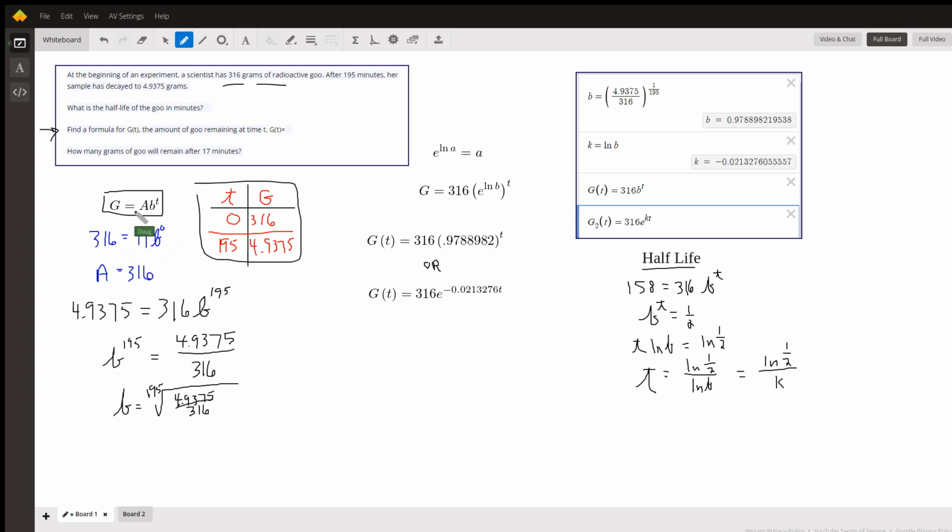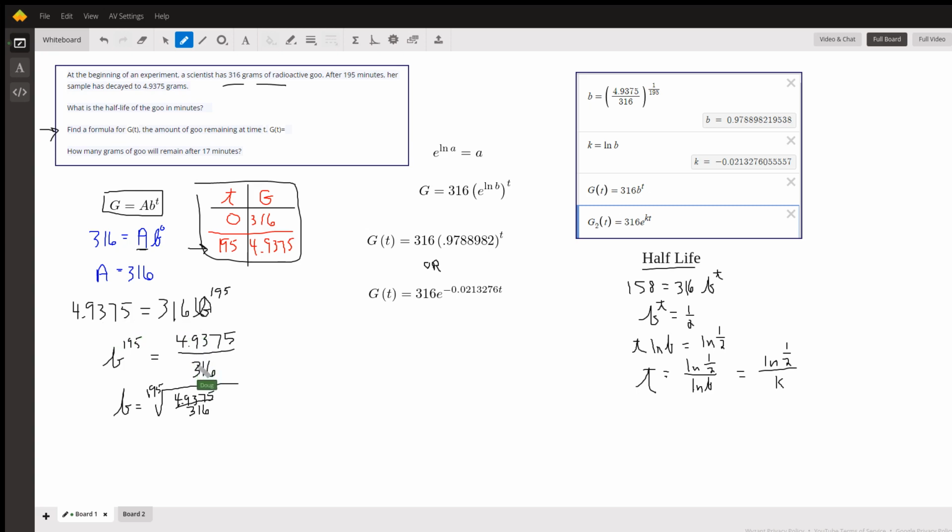So if we let t equal 0 and g equal 316, we can solve for a. That's the initial value, 316. And now we can use this piece of information to find out the value for this base. So when t is 195, the number of grams is 4.9375.